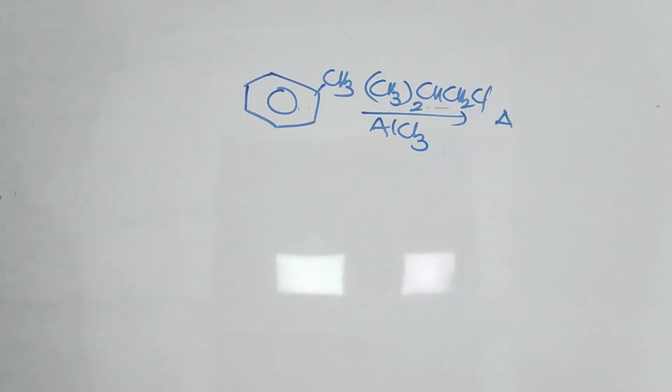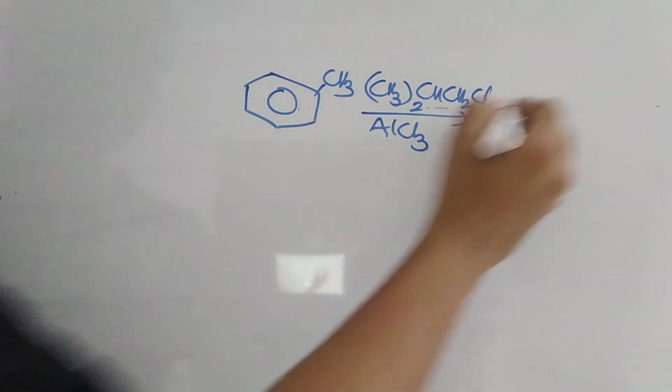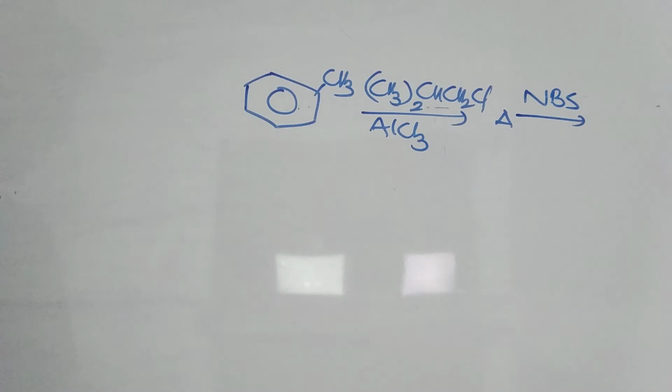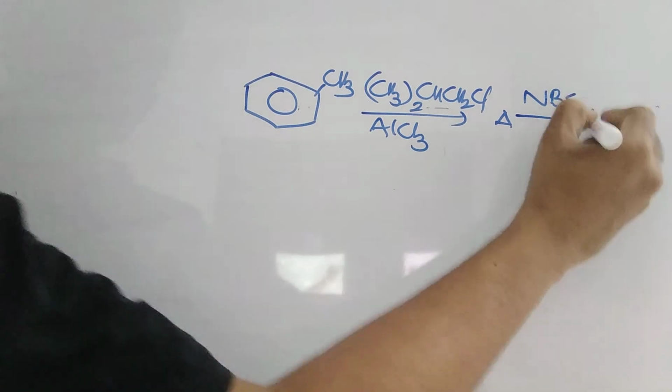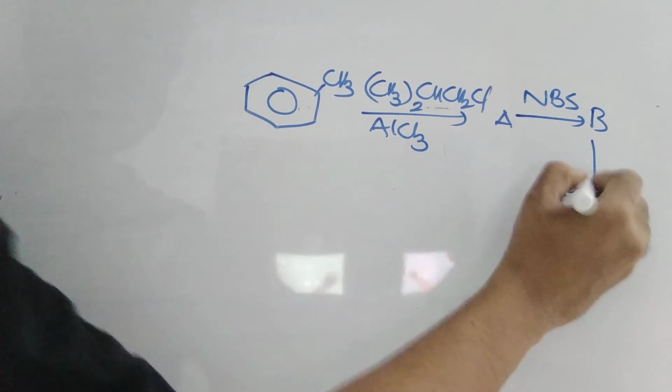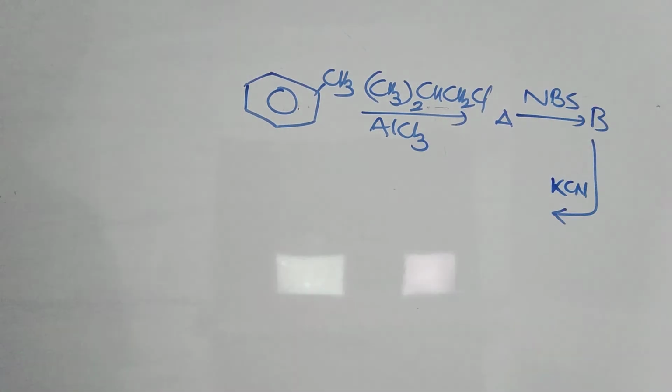I am getting here A. On A, NBS I am using, NBS in presence of CCl4 and peroxide. Okay, NBS means you can understand what I wanted to get there. Next step is KCN, then H3O plus, heat.